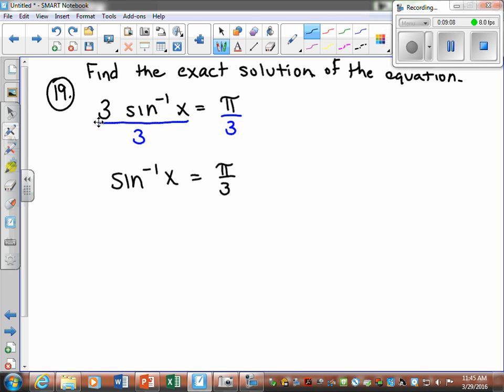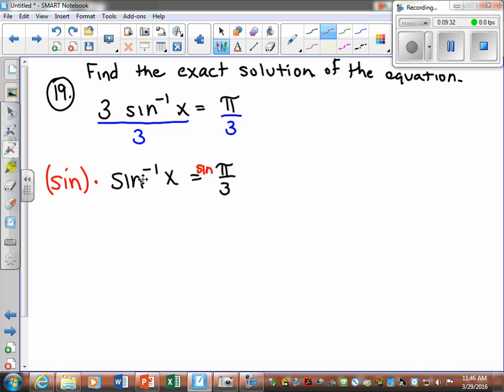Okay, now we have to get x by itself, so that inverse over there is in the way. Our method for this is if I multiply this by sine, whatever you do to one side, you do to the other, so I'll multiply this side by sine. Now what happens when you have sine of sine inverse x?